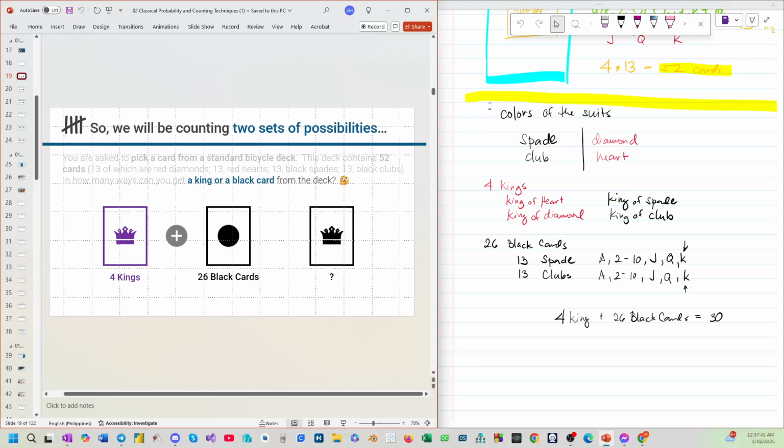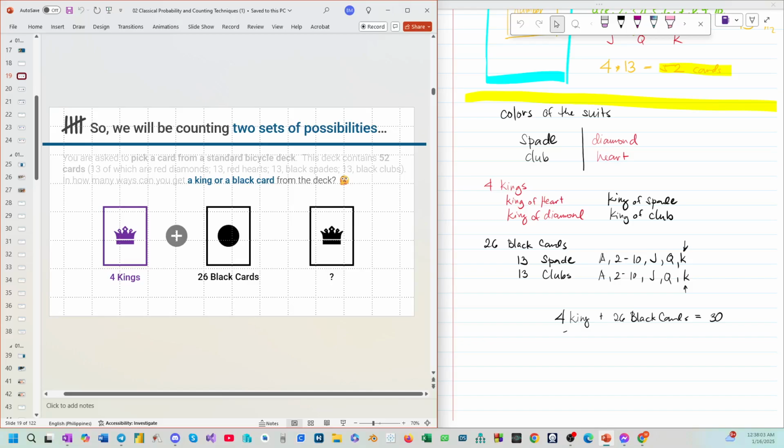So what are we going to do? We already counted them among the kings. So we need to subtract what is common between the two of them, or what we call the mutual cards.